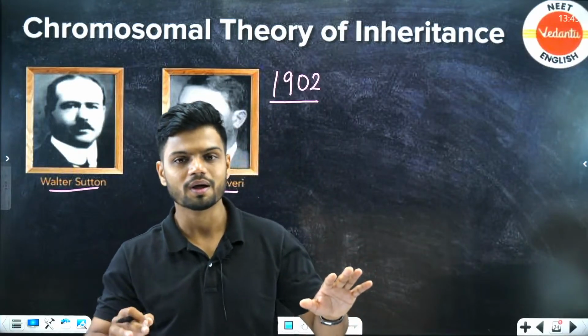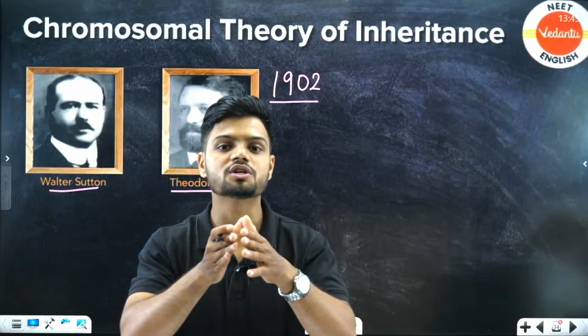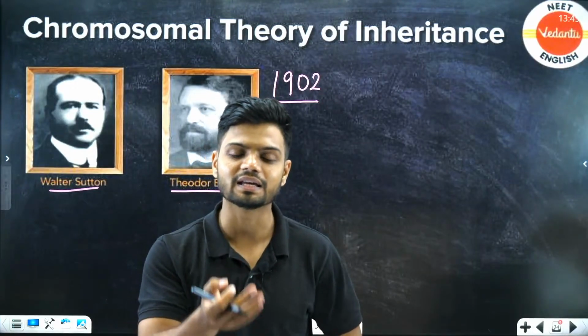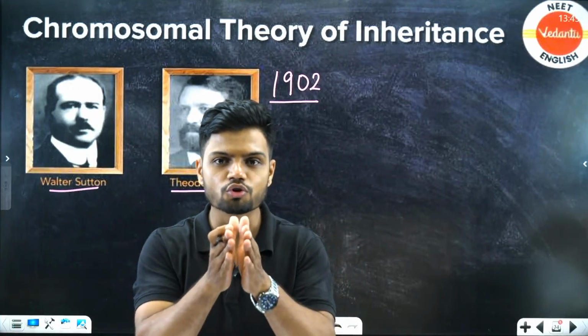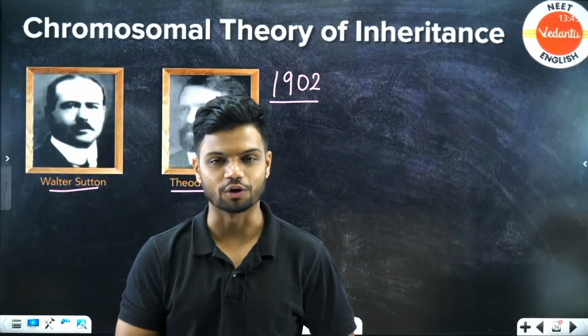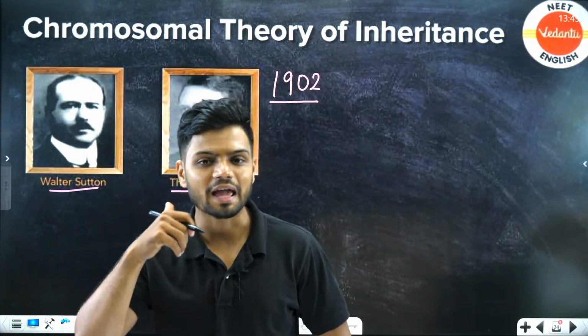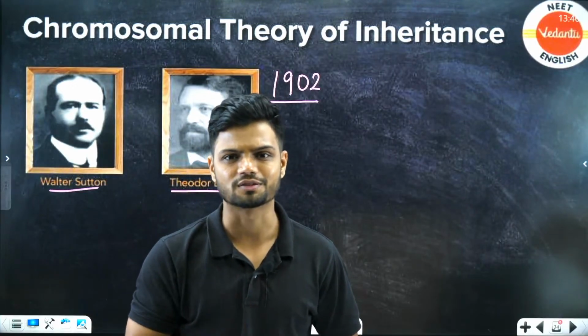The behavior of a chromosome and the behavior of a gene is same to same. If the chromosome is splitting, even the gene is splitting. Why? Because technically the gene is present on the chromosome. That is the chromosomal theory of inheritance.